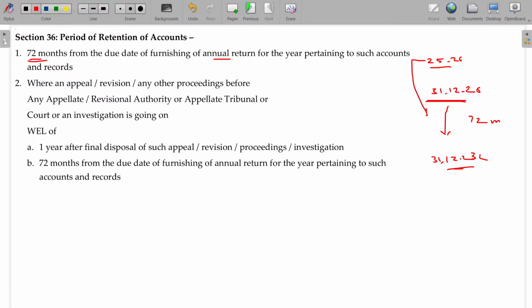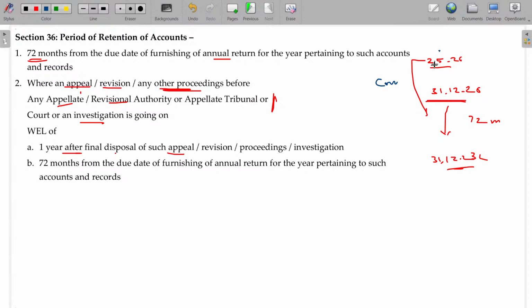Where an appeal, revision or any other proceedings before the appellate tribunal, court or an investigation is going on, in that case, 1 year after the final disposal of such appeal. If the case is with the court, then what happens?